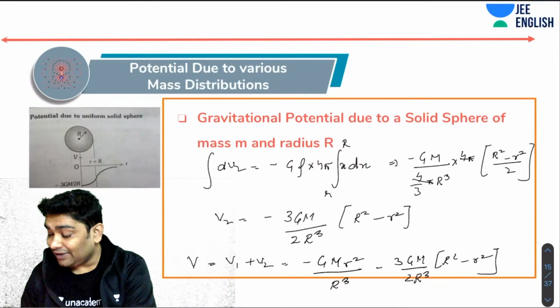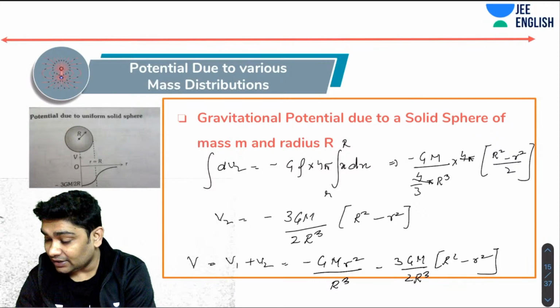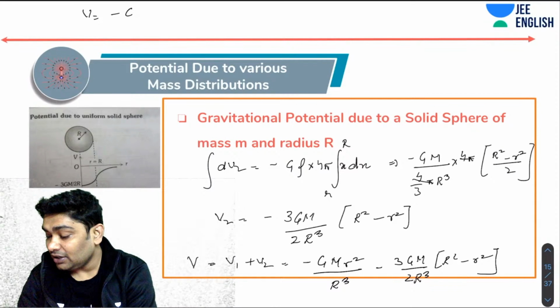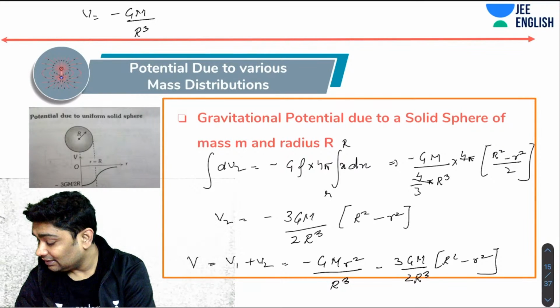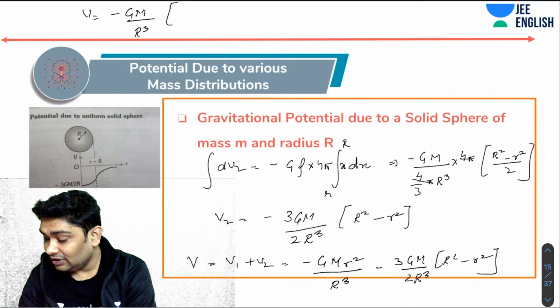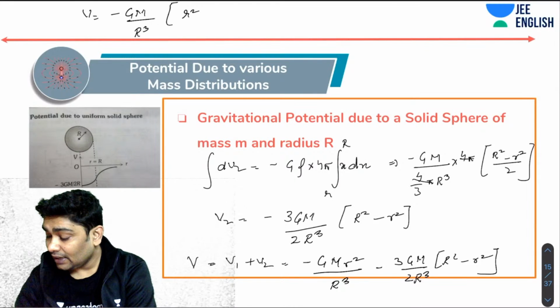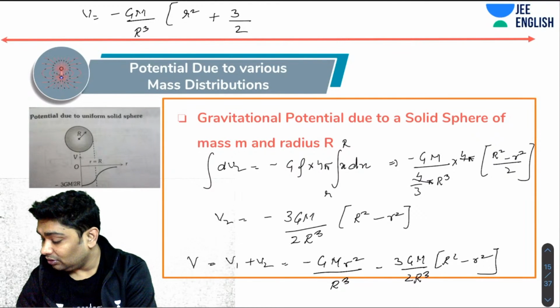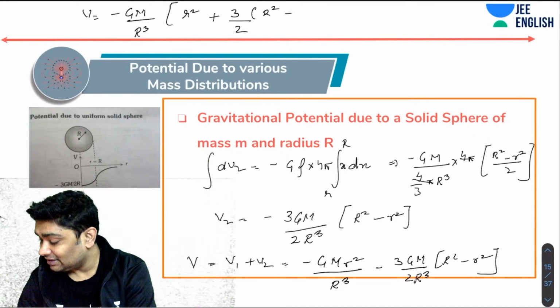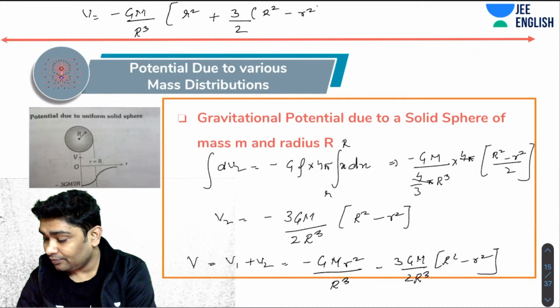What I'll do is I will take minus GM over R cube as common. So I can say that V would be, if I take minus G capital M over R cube as common, and so inside I have r square here, and I will have plus 3 by 2 times R square minus small r square, right?